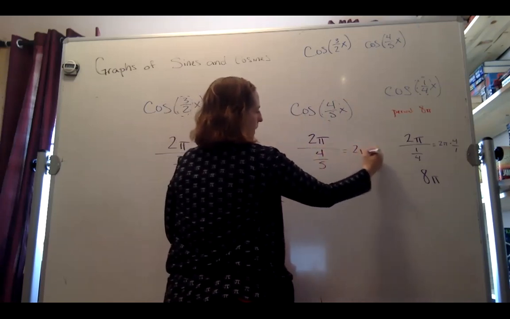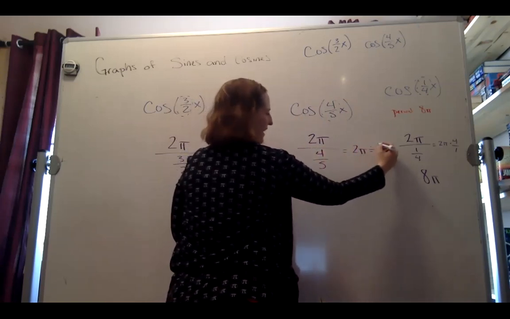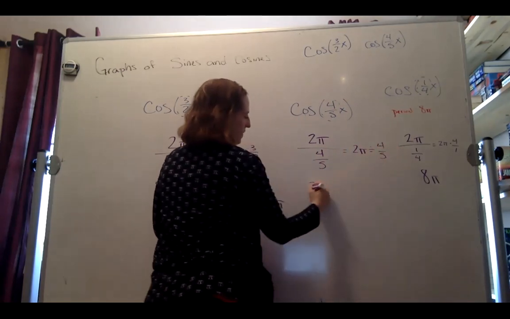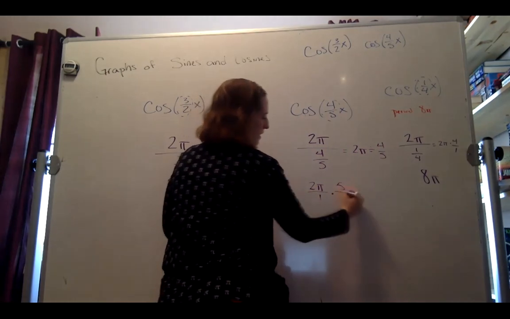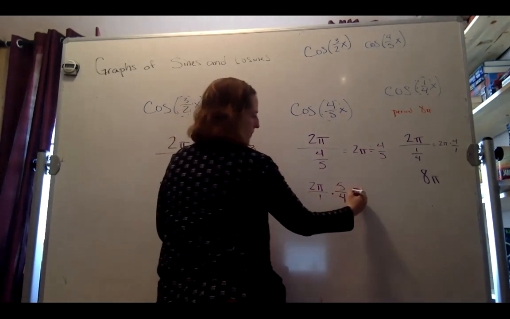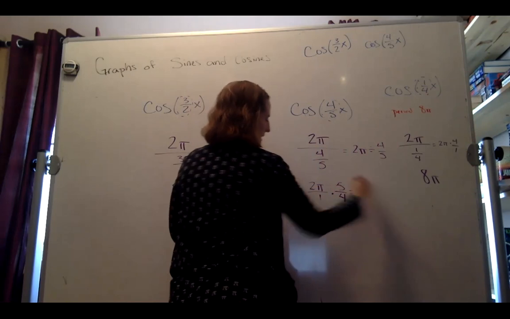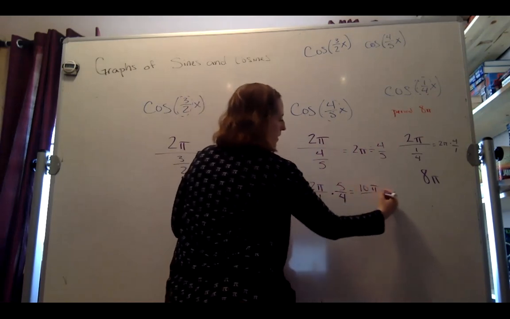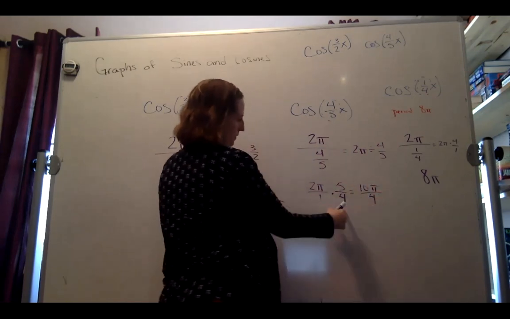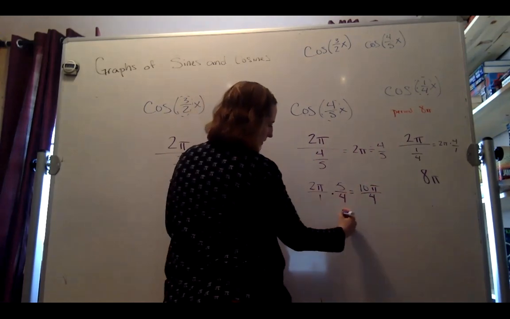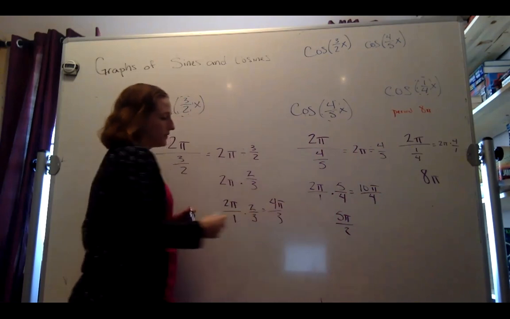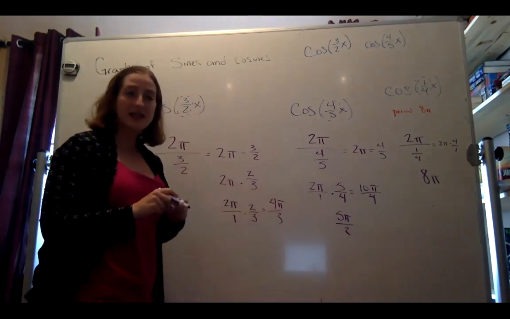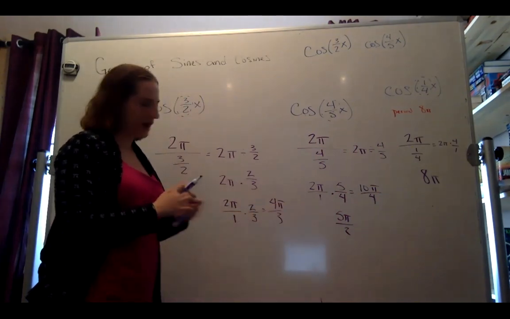So that's 2 pi divided by 4/5, which is 2 pi over 1 times 5/4, which is 10 pi over 4. A little bit of simplification gives me 5 pi over 2. So our period is 5 pi over 2, which again is exactly what we saw on the graph.